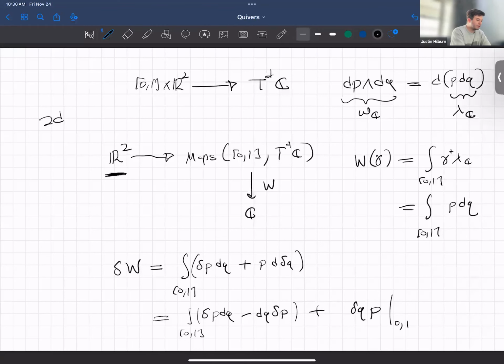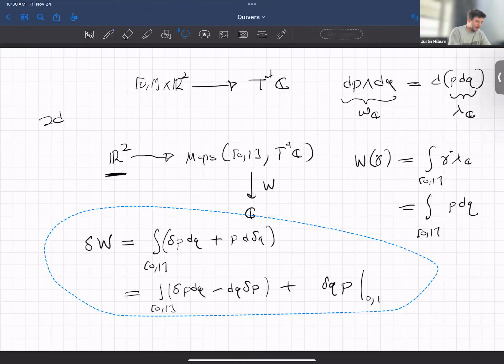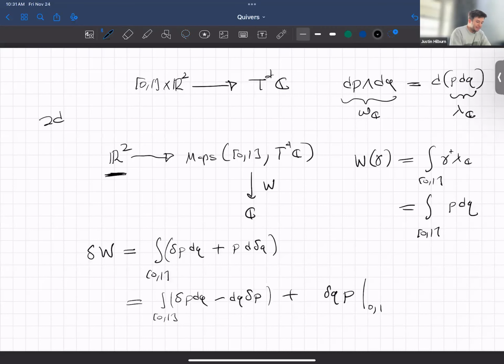And what I'm saying is that this is the equation that I would like to get. This thing here is basically evaluating your symplectic form on the t derivative of gamma and the variation of gamma, and this is the term that you would like to have coming from your superpotential.